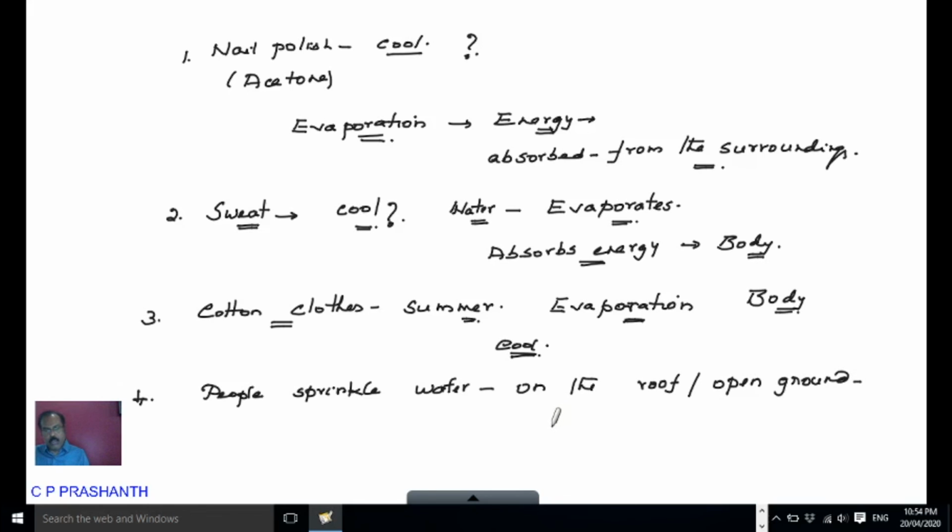So here again the same principle: water gets evaporated by absorbing heat, and evaporation needs energy, thus temperature comes down. So we get a cooling effect.